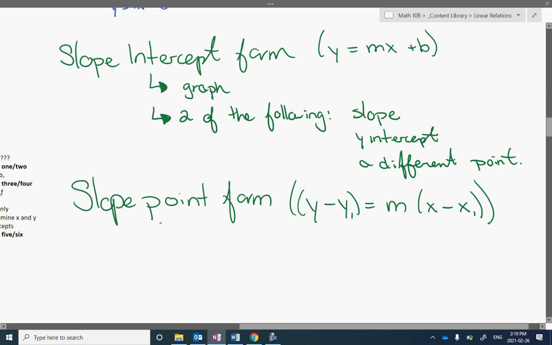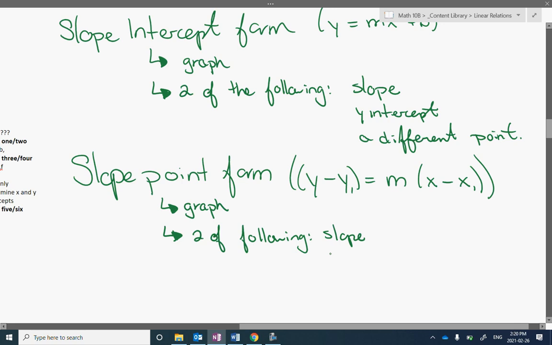So to use this form, again, you could do this all from a graph, or you need 2 of the following again. Slope, or 2 points.